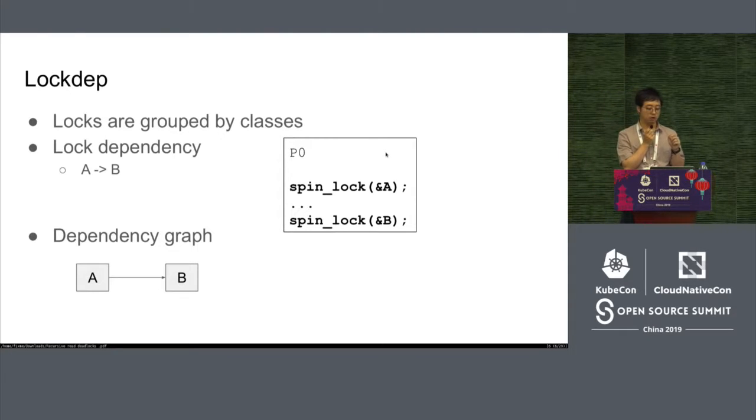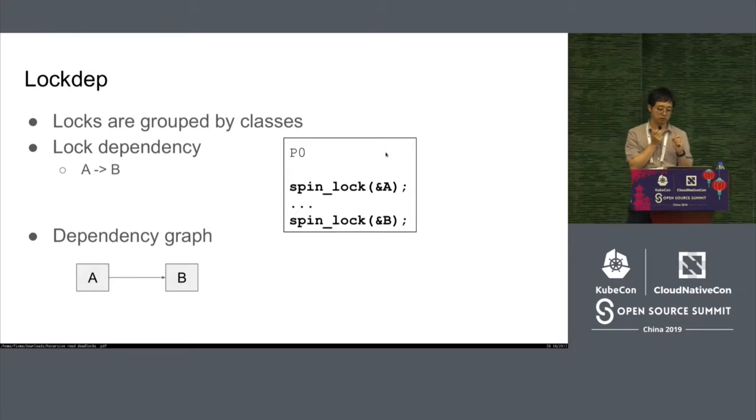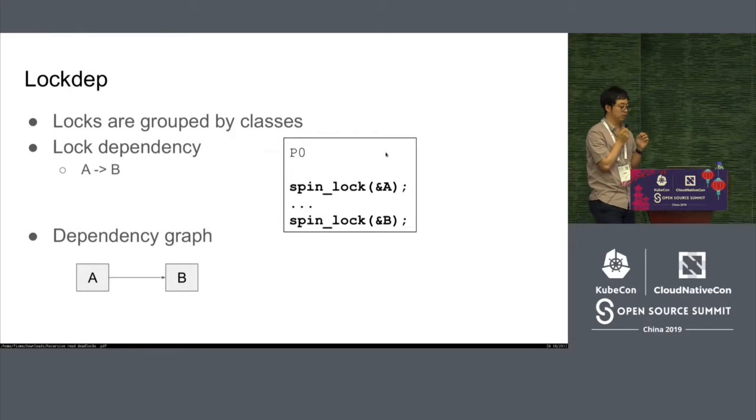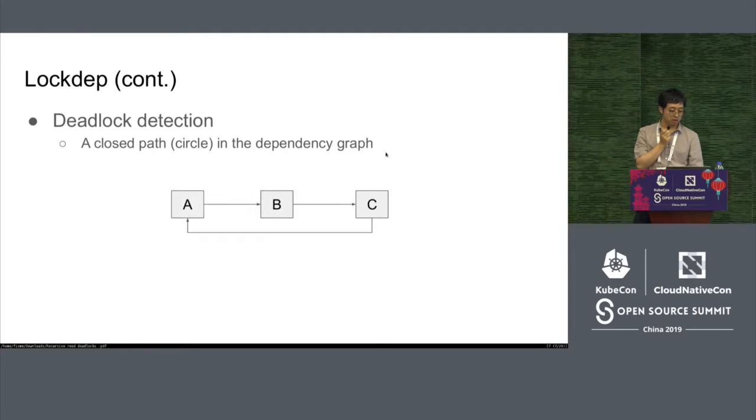To the right, you can see P0. If there is a spin lock A and spin lock B, then we assume that from A to B there is a lock dependence.